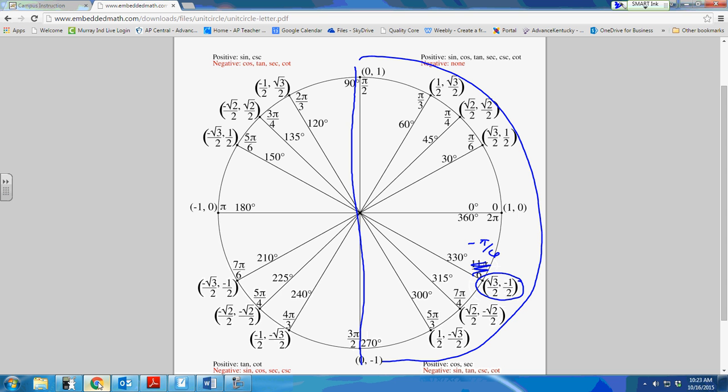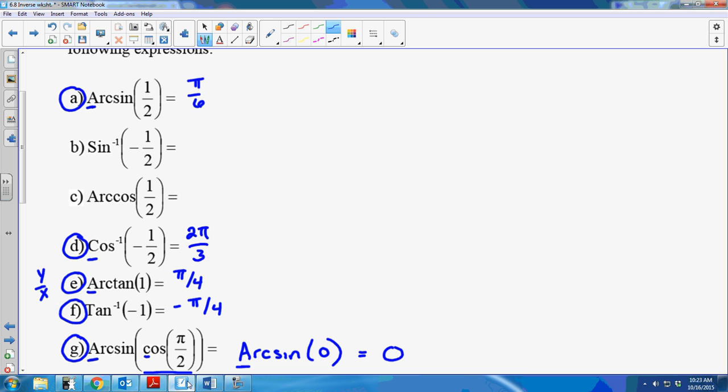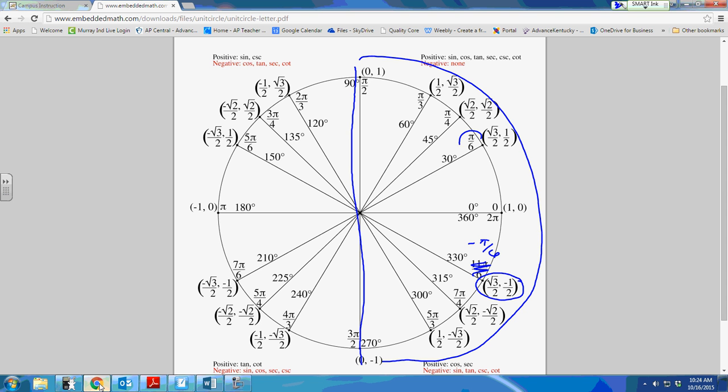We would write negative pi over 6. Questions about why it's negative pi over 6? If this is pi over 6, then this is negative pi over 6. If this is pi over 4, then this is negative pi over 4.